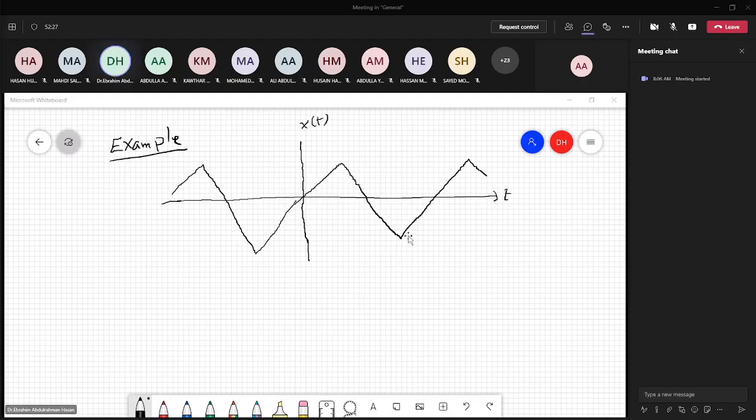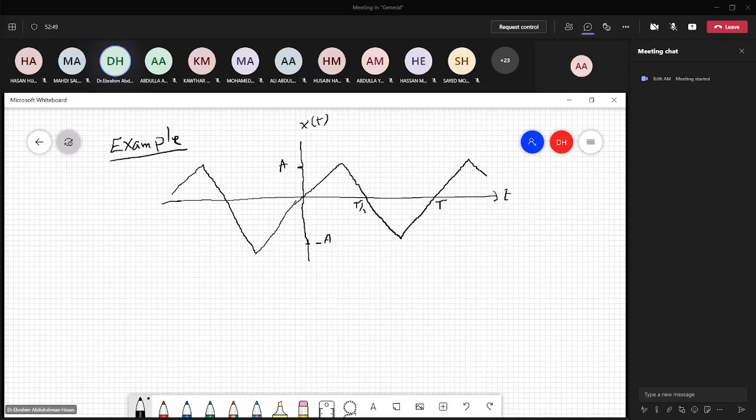This is my x of t. From here to here, this is T. This is T over 2. And here A, this is minus A. So this is a general triangular wave. What is the best way to solve this one?